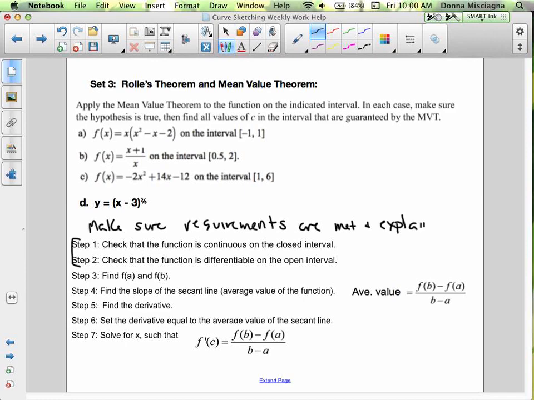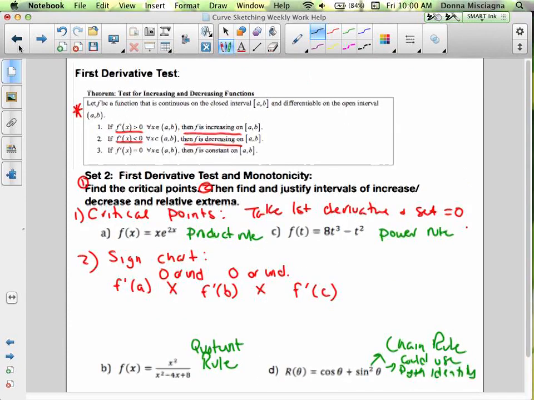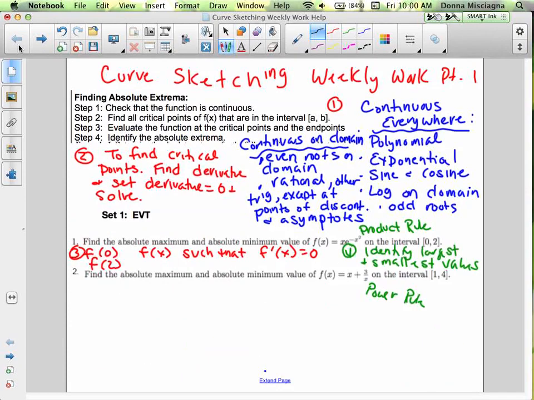In terms of continuity, same thing as before, right? Continuous on the closed interval. The same functions as we had before over here are continuous. The ones that have discontinuities, rational and trig functions, at asymptotes, points of discontinuity, just make sure there's none in the interval. And then even roots, just make sure, even roots and, oh, log didn't belong over here.